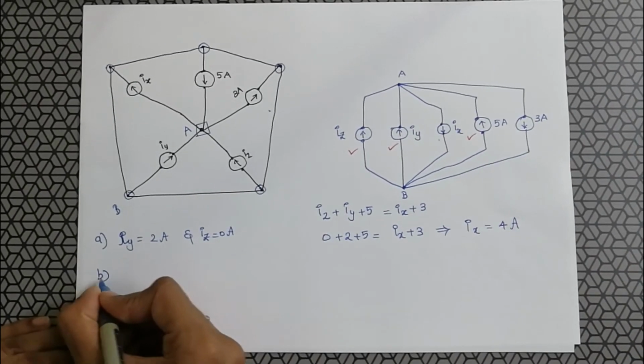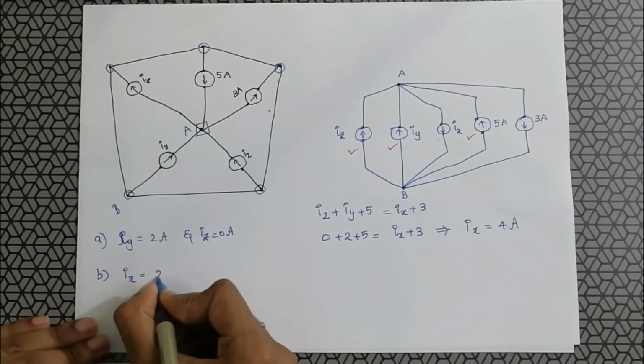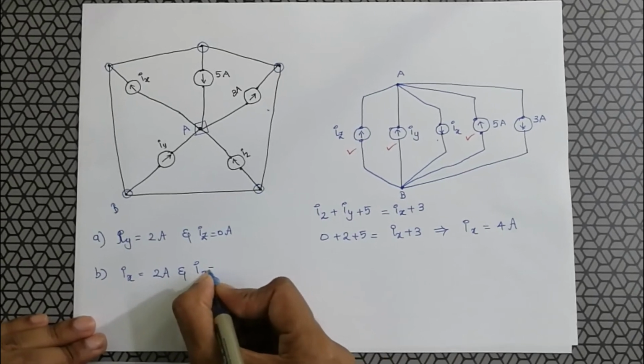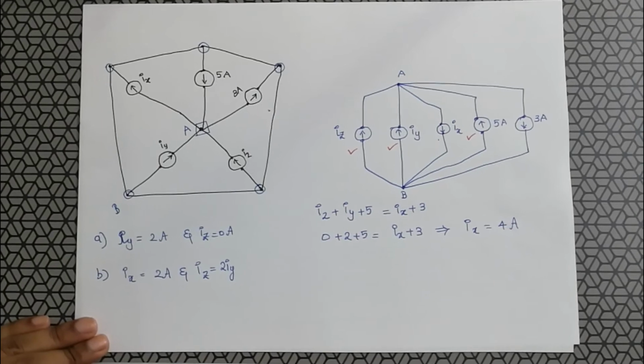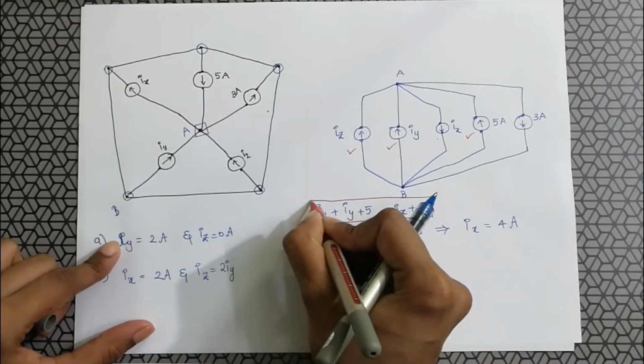In the second subdivision, it is given that Ix equal to 2 ampere and Iz is 2Iy. Our job is to find Iy. Let me put a box around it so that we will be using it every time.